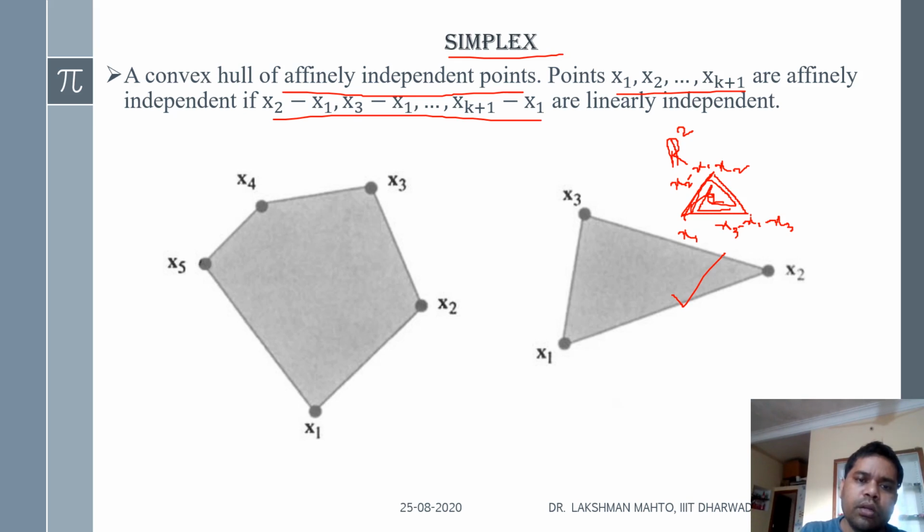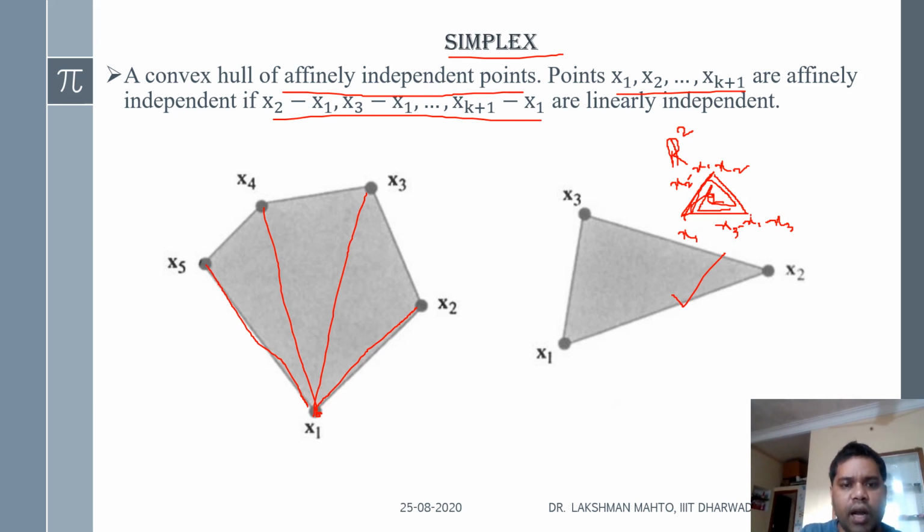This example I have already elaborated here. Another example: if you take 5 points from R2, then because of the extra number of points, it is a polytope, but it is not a simplex. If you consider x1 as the reference point, and the rest of the points have position vectors defined this way, then how many position vectors will we observe with respect to x1?